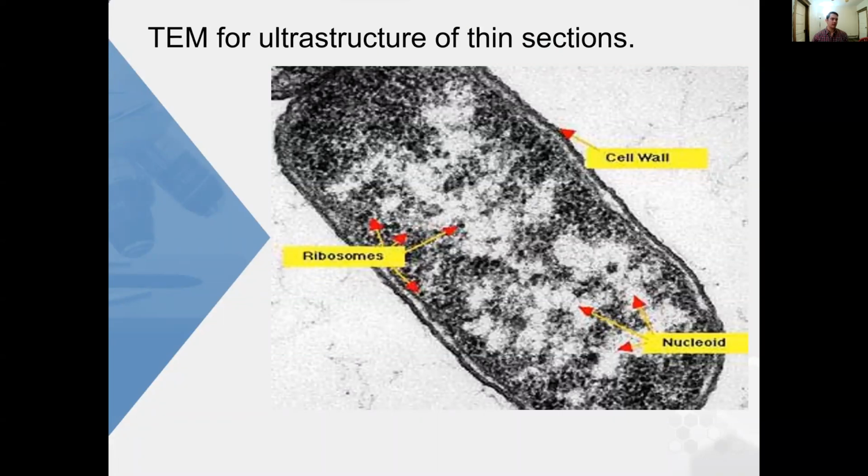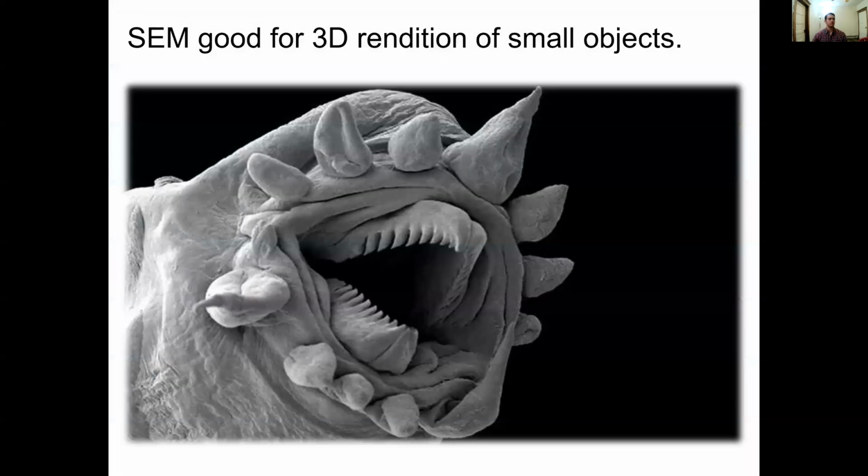But something that's really cool about these microscopes is that they have insane resolution, far superior to that of compound microscopes. You can see subcellular structures like ribosomes. Here you can see all the arrows pointing at nucleoids. Here are your ribosomes, these little dots. And you can even see the cell wall. You couldn't see that in as great detail using compound microscopes.